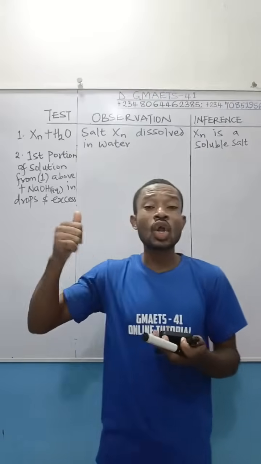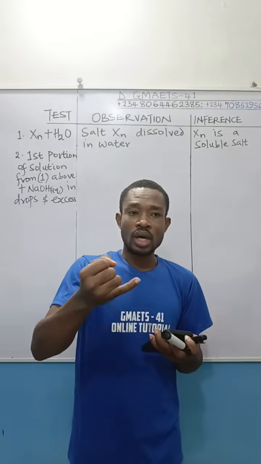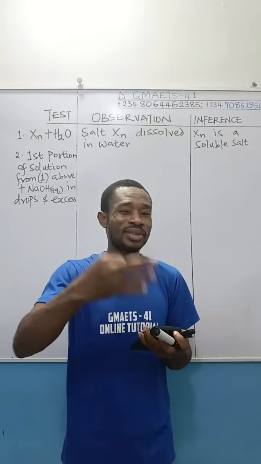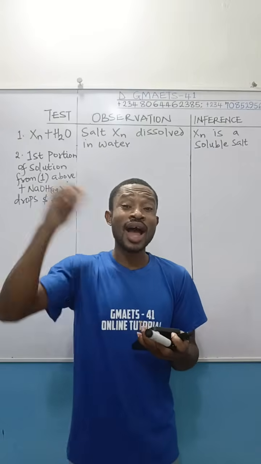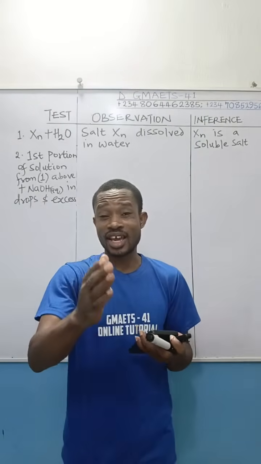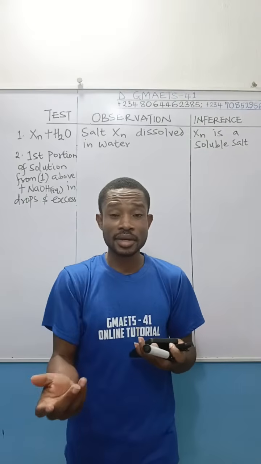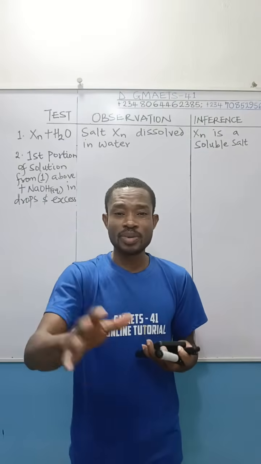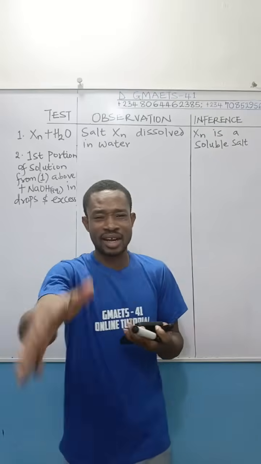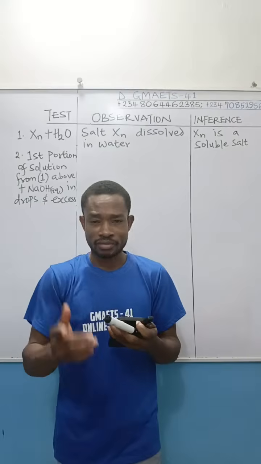But if it is a colored ion, like a copper salt, iron 2 salt, or iron 3 salt, are you following? Once you add water in the first instruction, you will see the color appear. If it's a copper salt, you see blue. If it is iron 2 salt, you see dirty green. If it is iron 3, you see brown. So those ones are not a problem. I won't even analyze anything much on them. Are you getting me right? I've told you the reason.